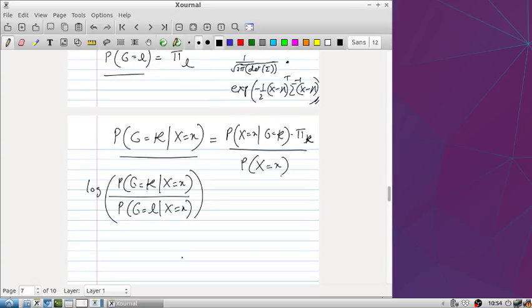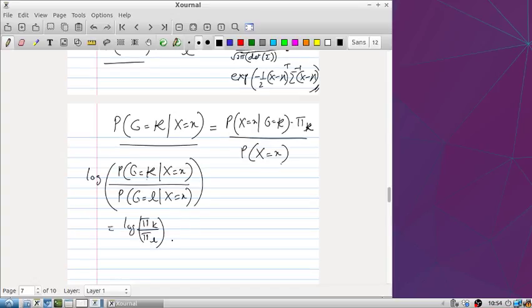So you'll see that this is equal to the log of pi k divided by pi l, okay, and there's a very unwieldy expression here: 1/2 (mu k plus mu l) transpose sigma inverse (mu k minus mu l).